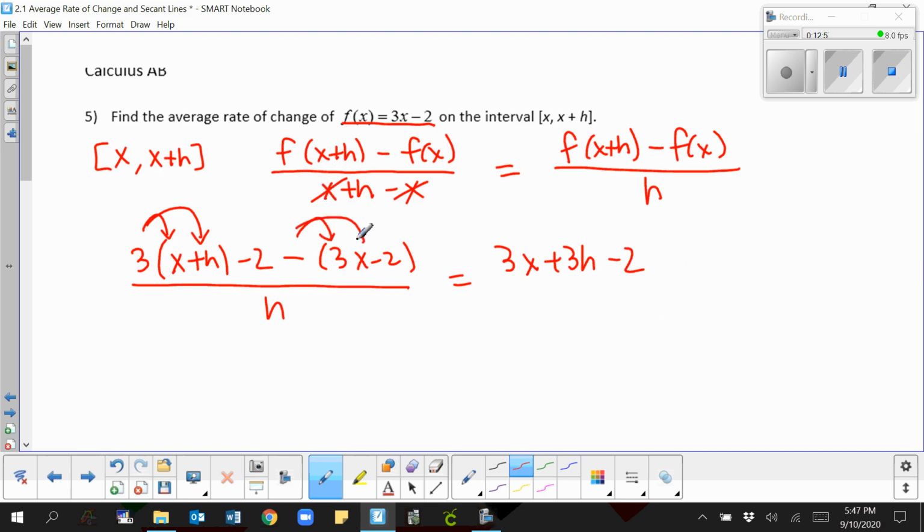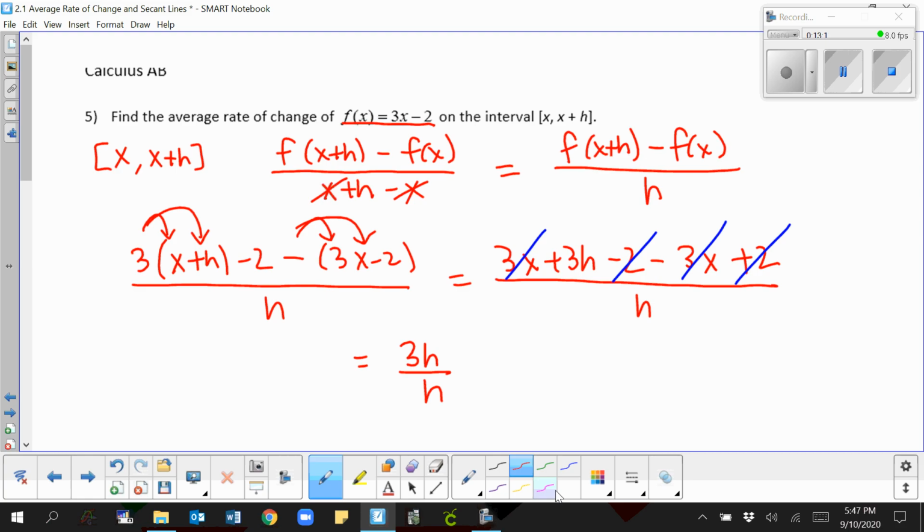And I'm going to distribute my negative. So minus 3x plus 2 all over h. My 3x and negative 3x and negative 2 and positive 2 all cancel out. So that means that I'm looking at 3h over h, which then those h's cancel out. So that means that I'm looking at 3. My average rate of change here is 3.